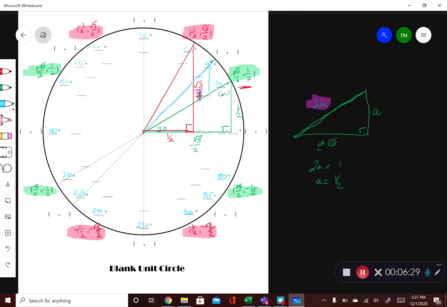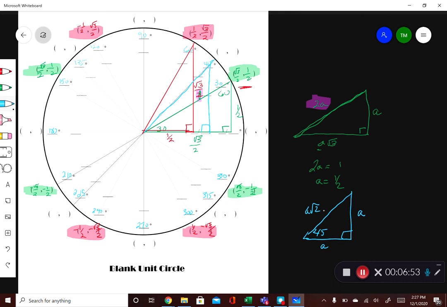And this also comes from one of our special right triangles from geometry, and it was the 45, 45, 90. So we have a 45, 45, 90. And these are going to be in the ratio of a to a to a square roots of 2.